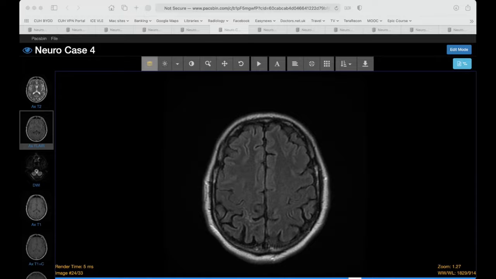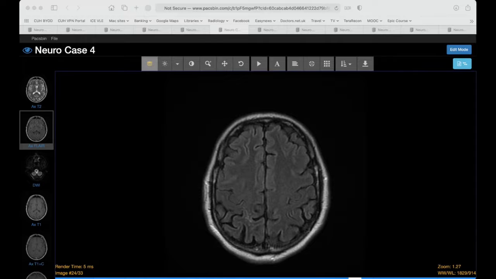Is it just an enlarged perivascular space or Virchow-Robin space? Is it actually focal cortical dysplasia involving cortex and subcortical white matter? Is it a tumor, a low-grade glioma, and needs follow-up? Or is it a multinodular vacuolated neuronal tumor, MVNT? Great, so you've got a few votes in, so let's look at the answer.